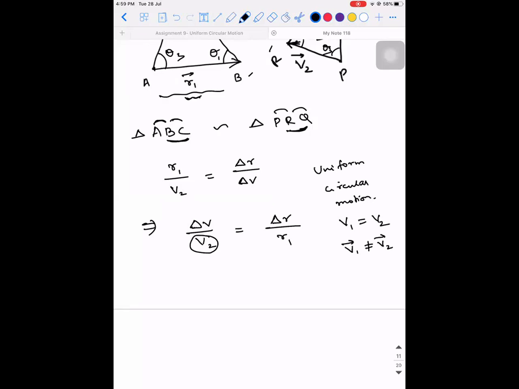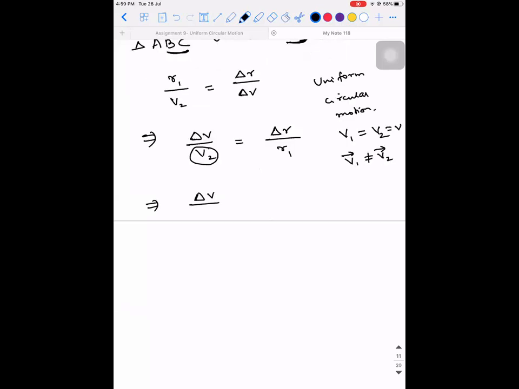Since the object is in uniform circular motion, the magnitude of velocity at point 1 is equal to the magnitude of velocity at point 2.